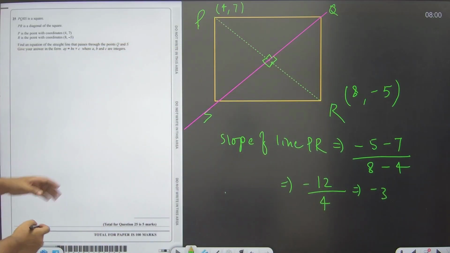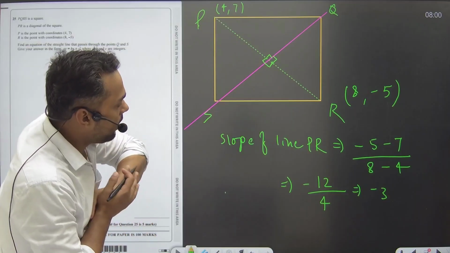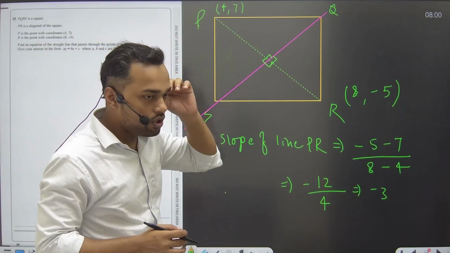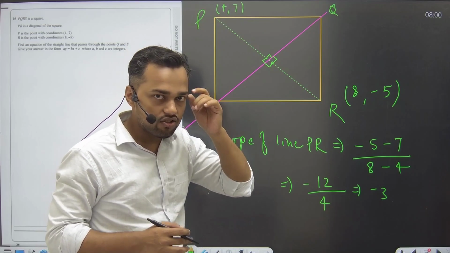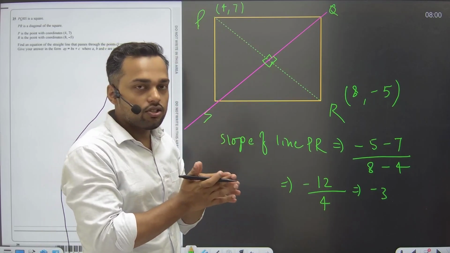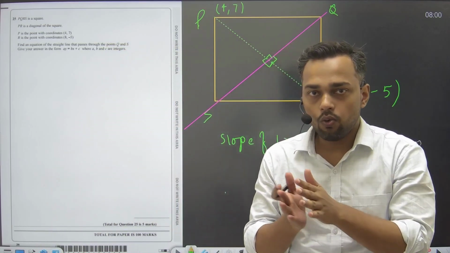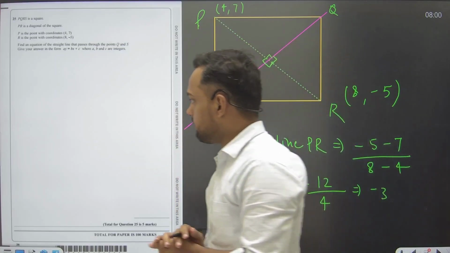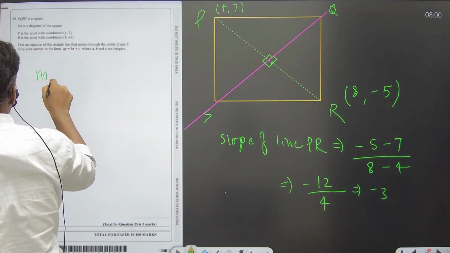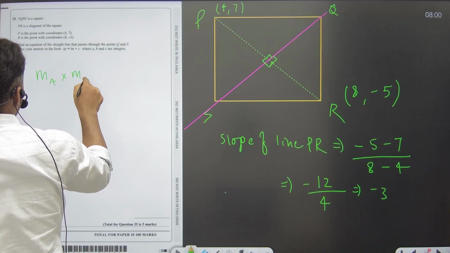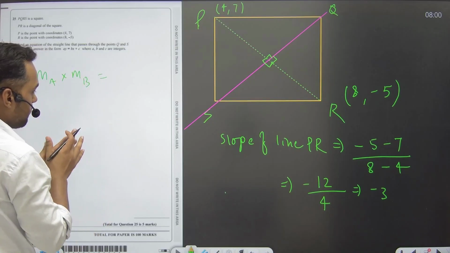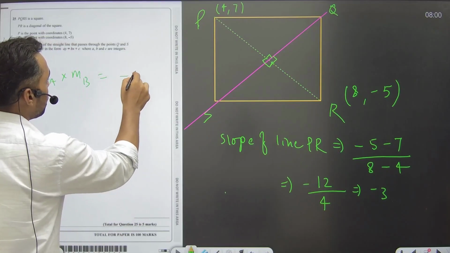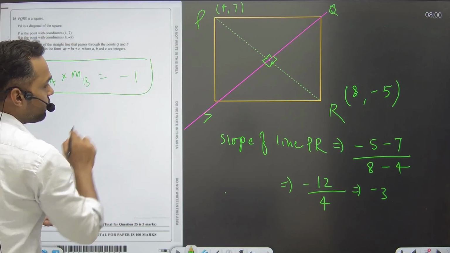Now we have got the slope of line PR, and QS and PR, as I have already told, bisect each other at 90 degrees, so they are perpendicular in nature. For two lines that are perpendicular, the multiplication of their slopes will be equal to -1. This is the general condition.